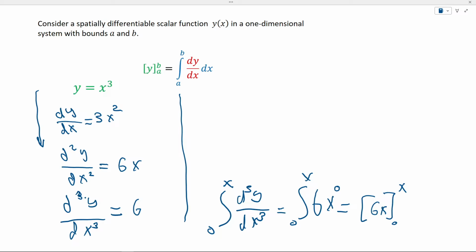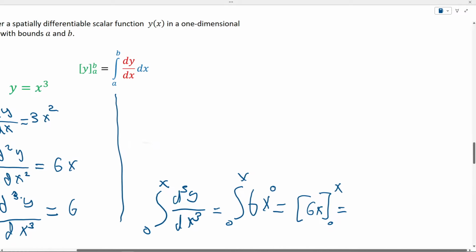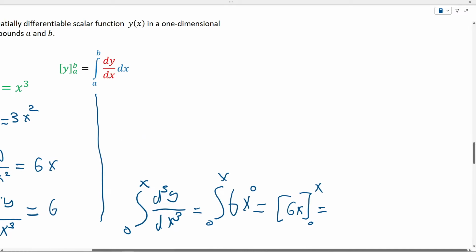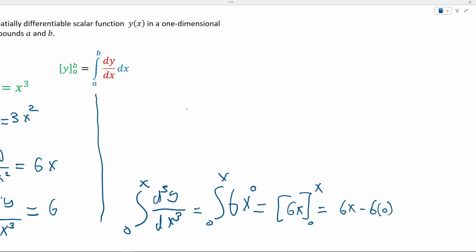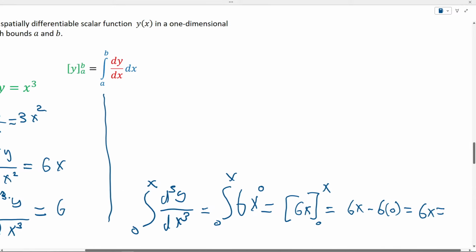So I just evaluate this guy from 0 to x. How to do this evaluation? That would be 6x minus 6 times 0. So I substitute the x here, and then that will give me 6x, which is, what is 6x?